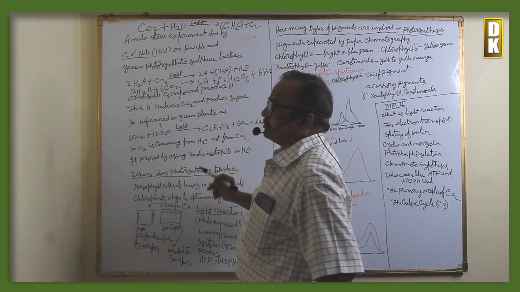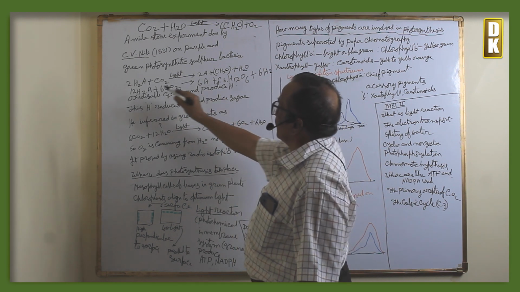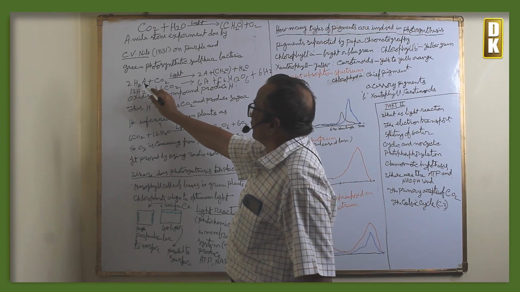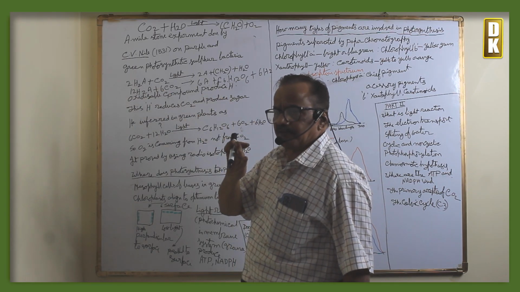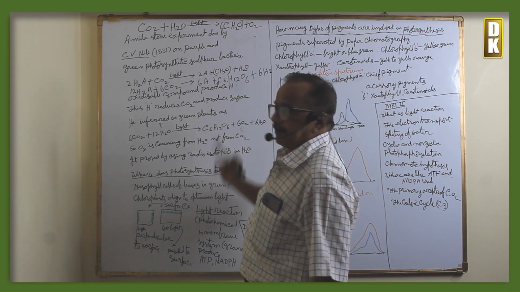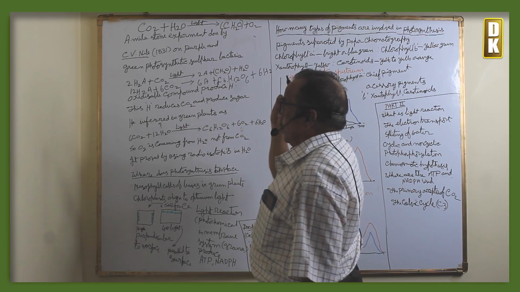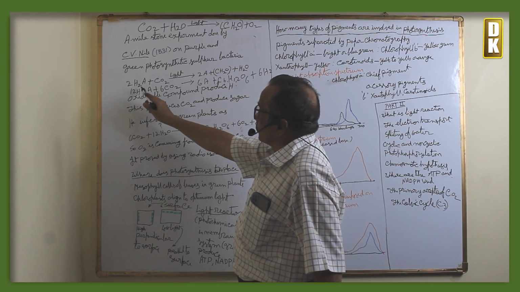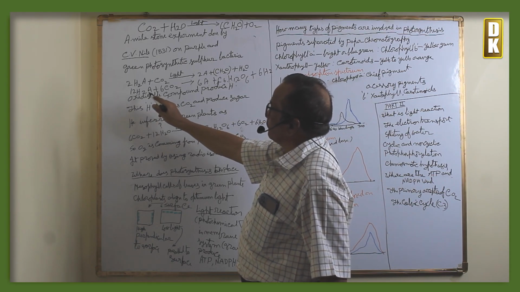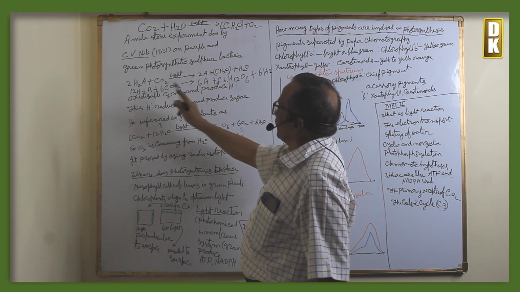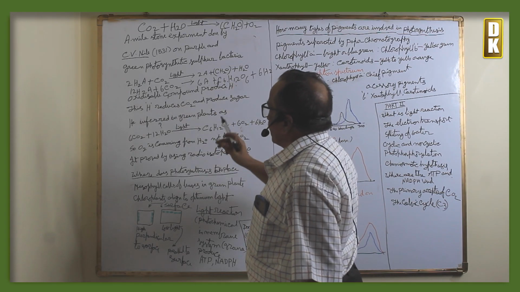And if it is hydrogen sulfate, sulfate will come out. That is what he has written in the textbook, either sulfur or sulfate will come. That is the meaning, remember it. So from the H2A, if it is sulfur dioxide, sulfur will come out. If it is hydrogen sulfate, sulfate will come out.